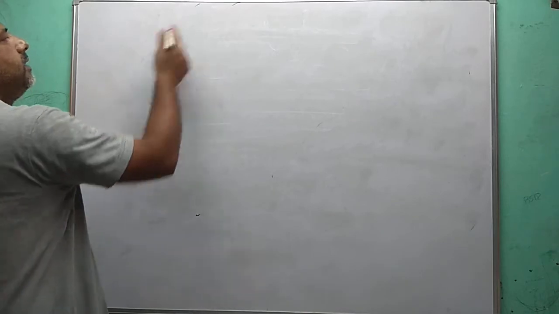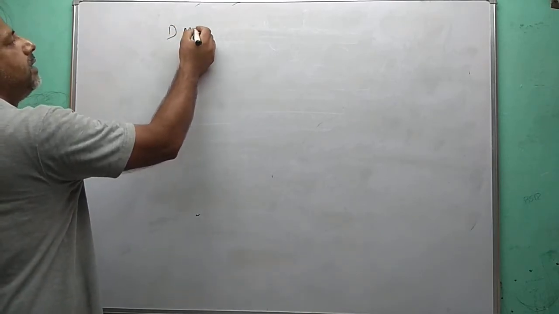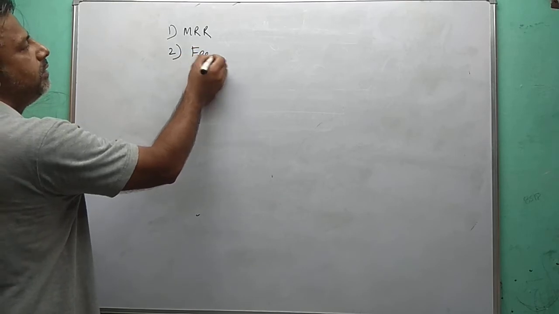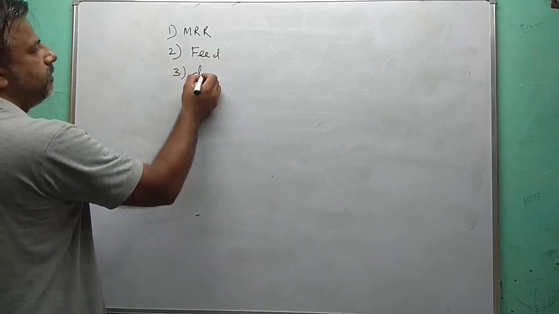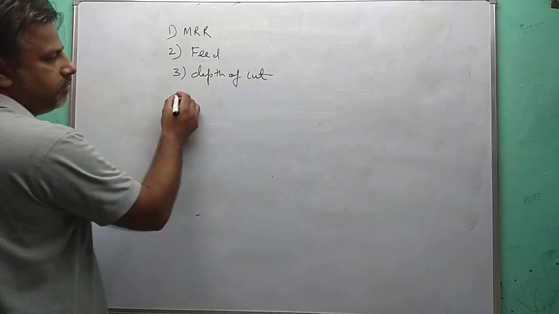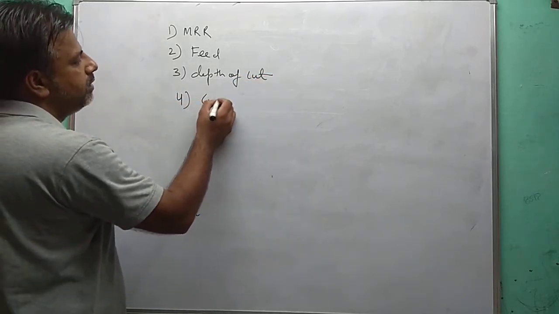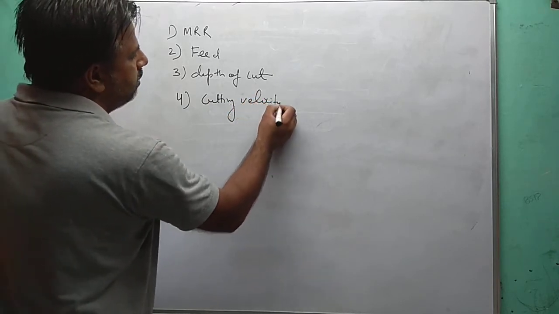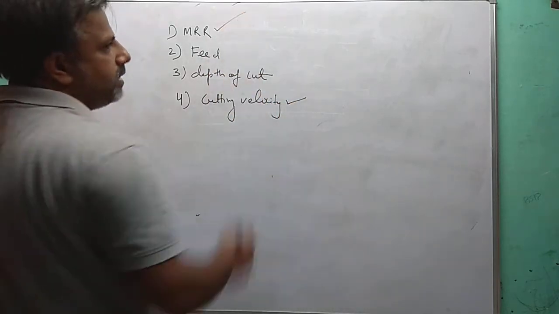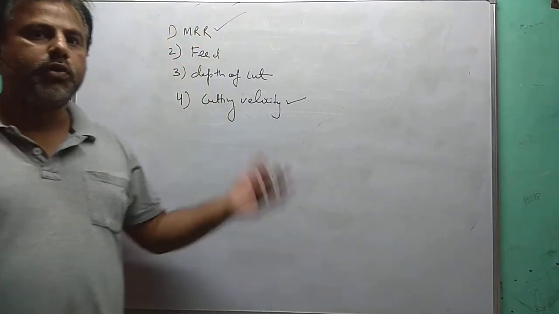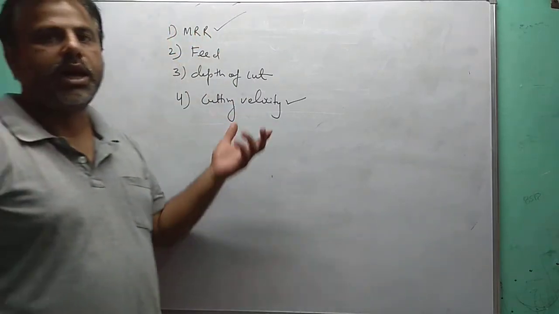First we discussed what orthogonal cutting and oblique cutting operations are. Now I will discuss terms like MRR, second is feed, third is depth of cut, and fourth is cutting velocity. MRR is the material removal rate, or volume of material removed per unit time.